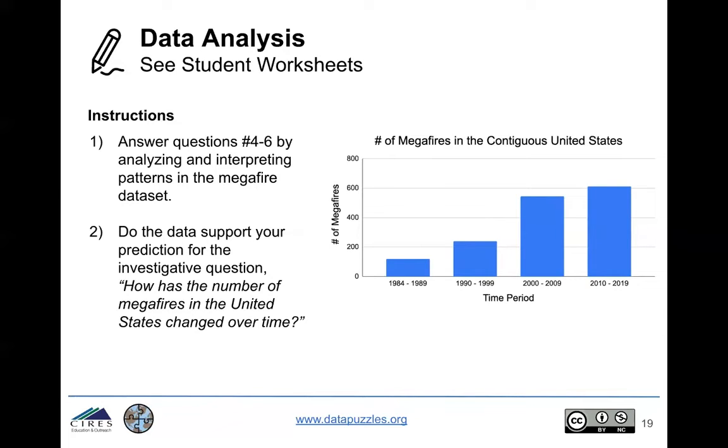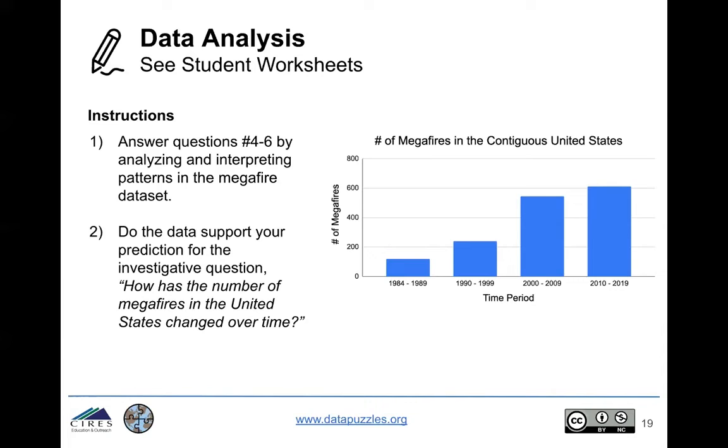They need to describe whether this data set confirms or refutes that prediction and why. So that piece in this particular resource, I'm not sure how long that will take for your students. Depends on where they're at and their ability to analyze a particular data set.